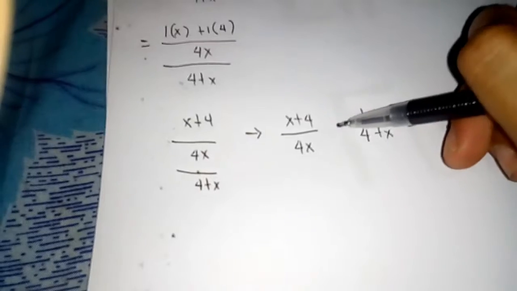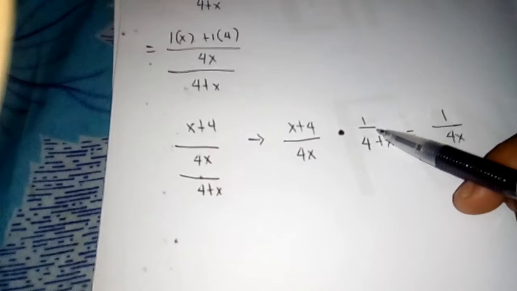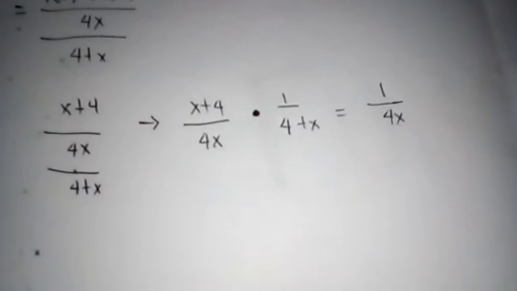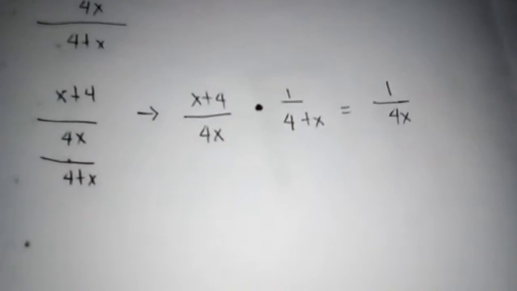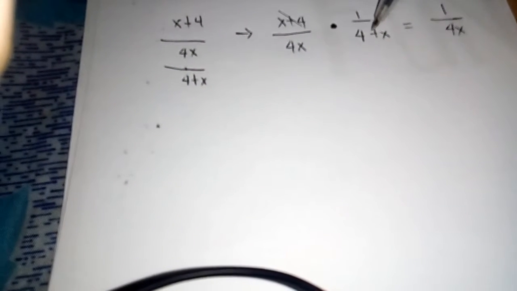So multiply x plus 4 times 1 over 4 plus x. You have to cancel this x plus 4 and 4 plus x, since x plus 4 is the same as 4 plus x. So therefore the answer is 1 over 4x.